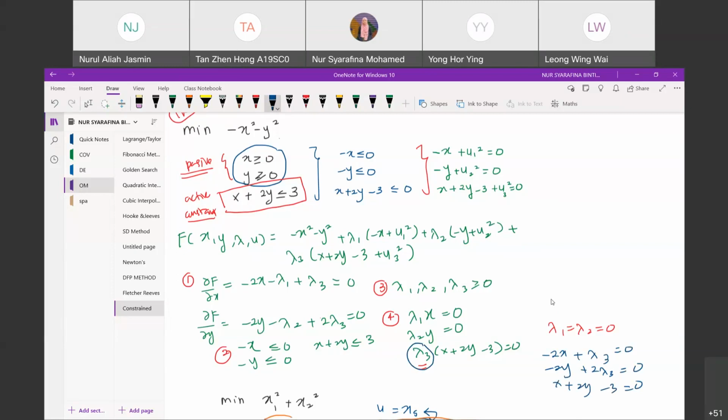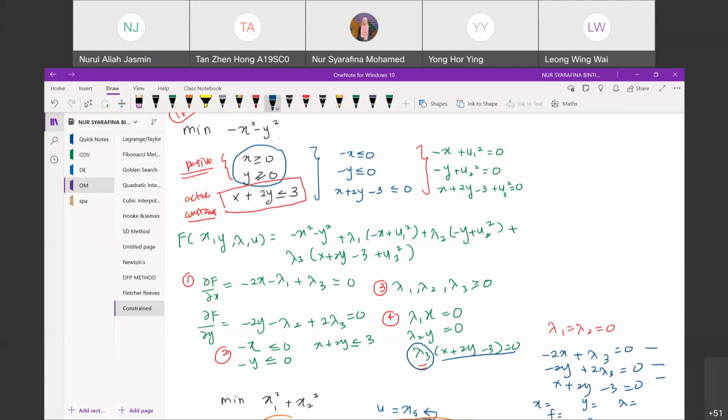We just put this to the right hand side and we are left with this one. So you can solve these three equations. We have three variables, three equations. We can identify the value of x, y, and lambda, and then the value of f.